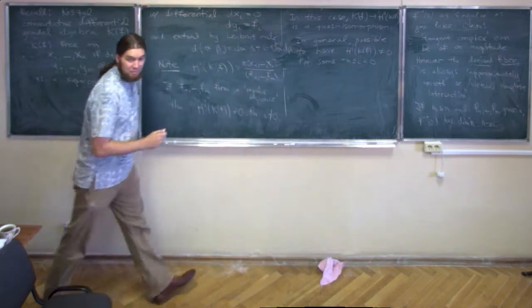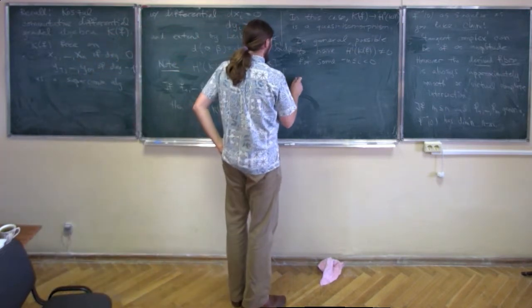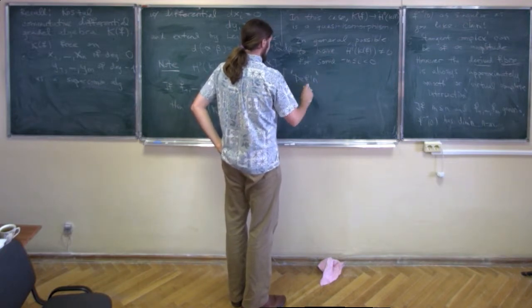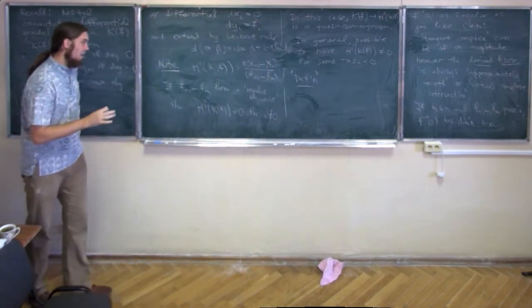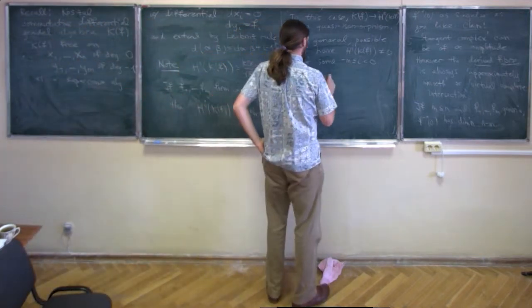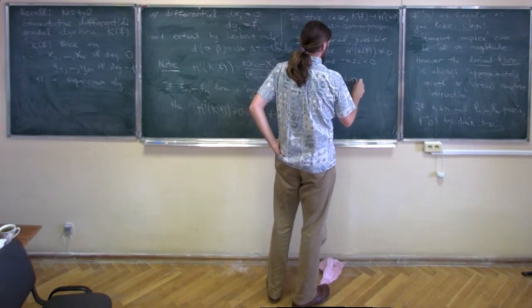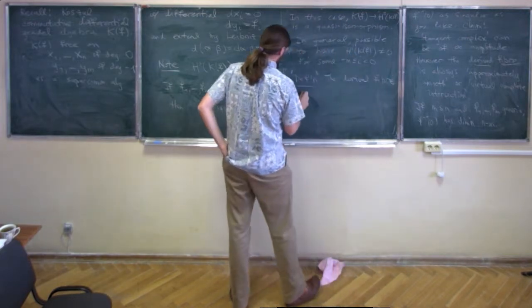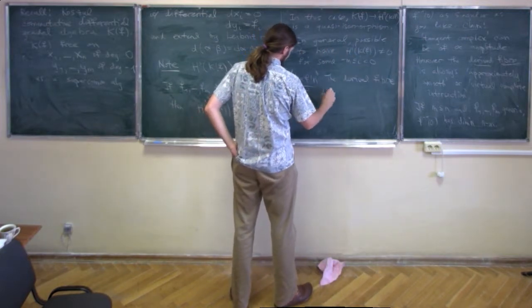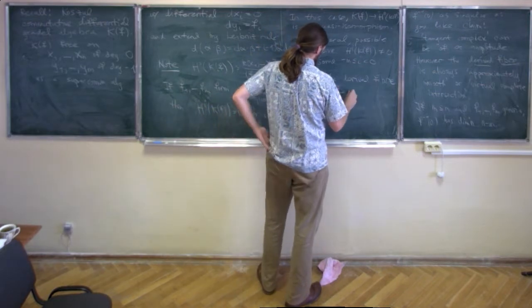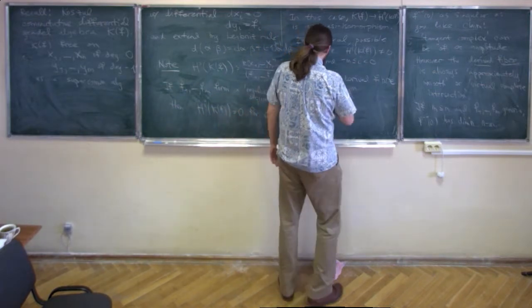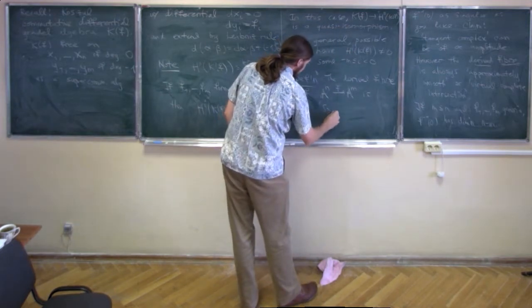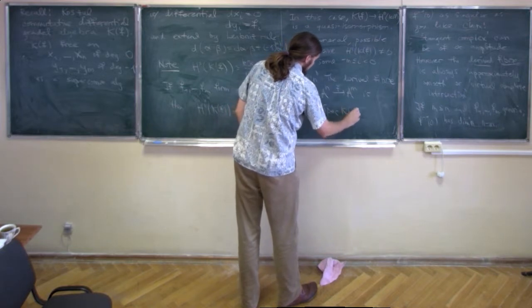So let me give a definition. It's kind of a heuristic definition. The derived fiber of our map is, so I'm putting this in quotation marks, you have to make sense of what this means.